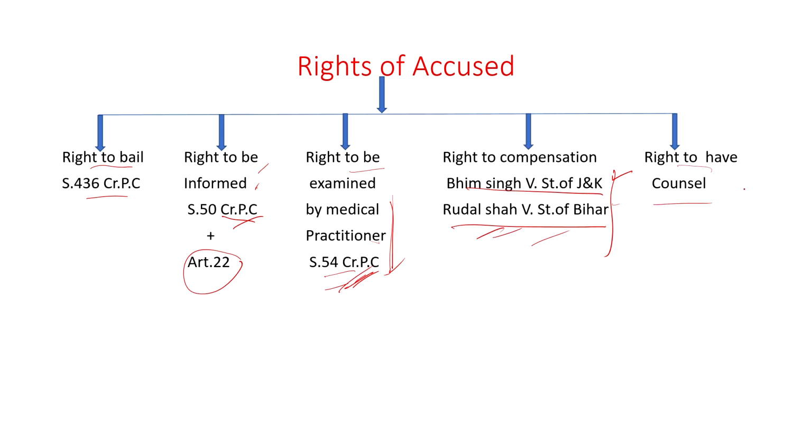And the fourth important right is the right to have a counsel. Under Article 22, every arrested person has the right to engage a counsel of his own choice. Every arrested person has the right to get legal assistance from the state if he is not in a position to engage a counsel at his own cost, or to pay court fee or advocate fee on account of poverty.